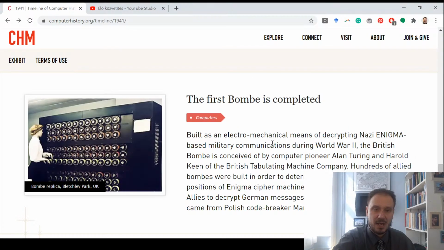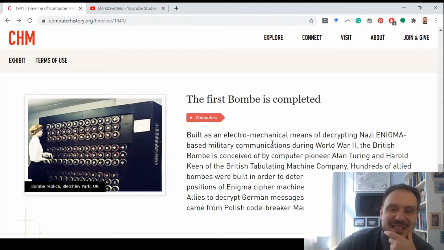And let me show you an electromechanical decrypting device. So basically, electromechanical computers were built even in the 40s, and from the 50s, basically all the computers were only electronic ones.